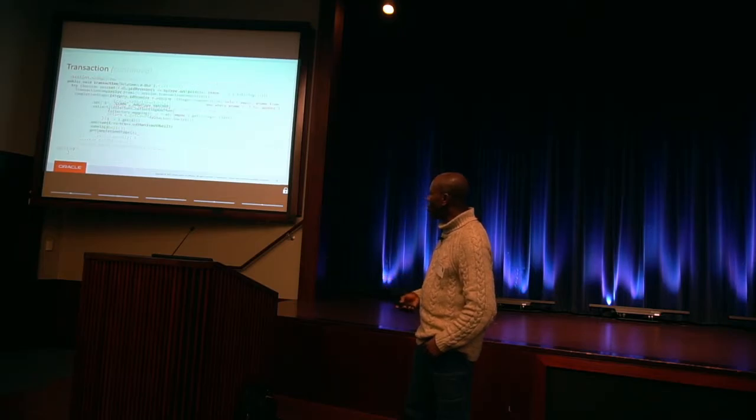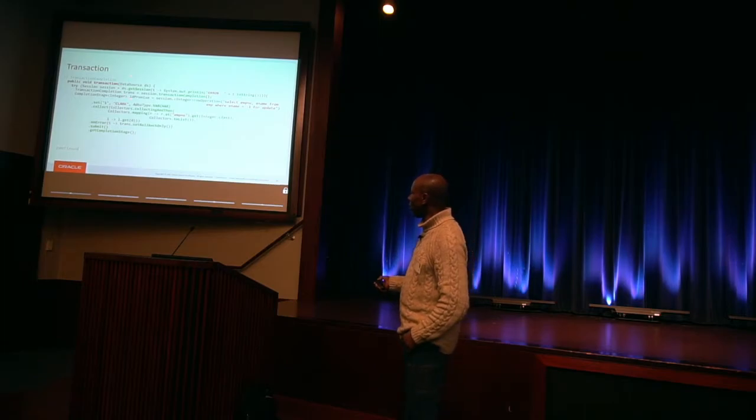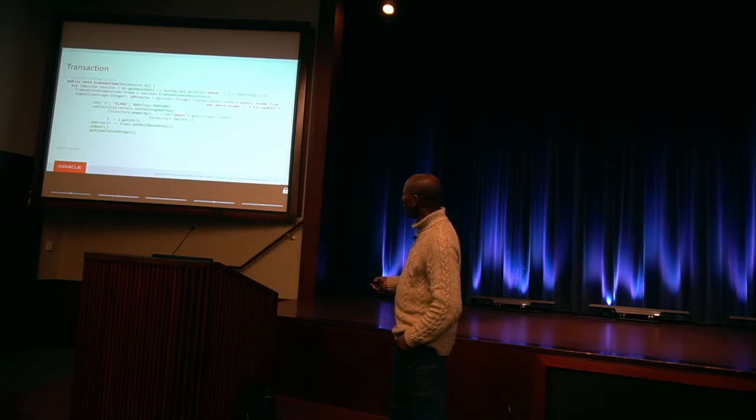Okay, so let me go back. So this is a select. We do a select, and we're gonna recoup an ID, promise an integer, following the execution of this query. So we set the value for this placeholder, and then we collect the result.